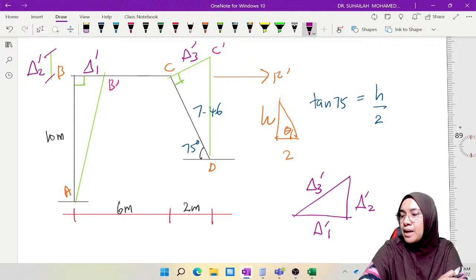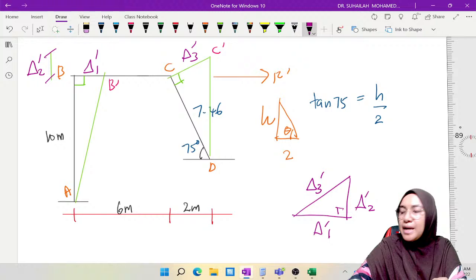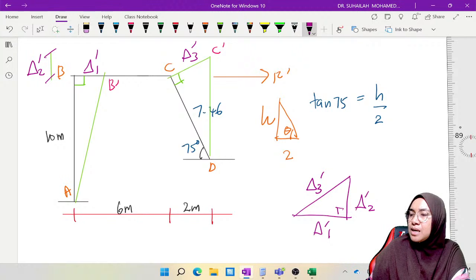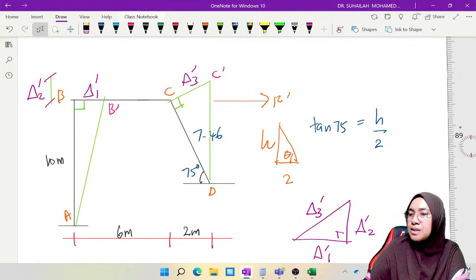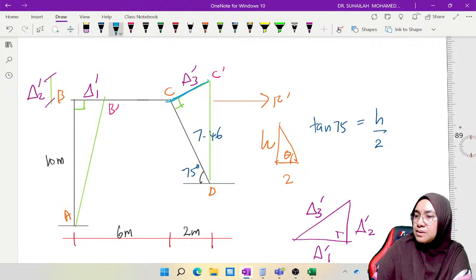Delta 3 prime. So of course we need to identify the angle inside this diagram. When we put this triangle into the diagram, it represents this one and this one.